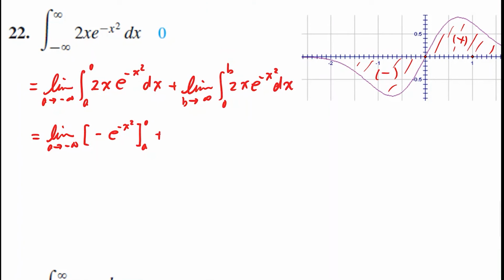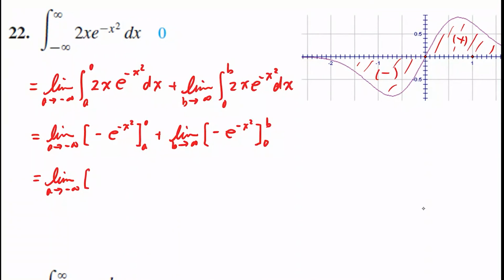So plus the limit of b approaching positive infinity, and it's the same thing: negative e to the negative x squared from 0 to b. You with me so far? Okay, we evaluate the limits. So we have limit of a approaching negative infinity. This is a lot of work, right? Once you substitute, should we use plumbing, professor, and do this minus that?